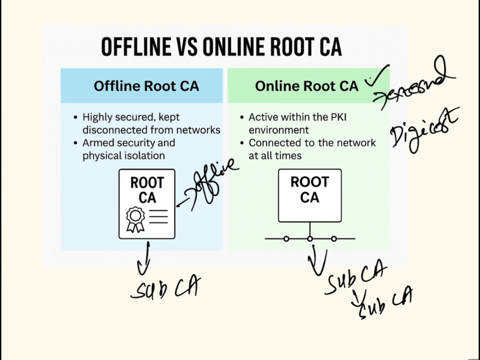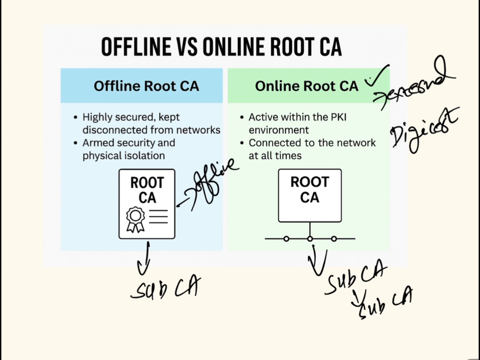There could be multiple, but DigiCert is a very famous CA provider. Internal PKI or internal root CA is always offline and private. Public CA is pre-installed in browsers and devices. Internal PKI is for internal users, internal systems, internal customers, but public CA is globally trusted, internet wide.